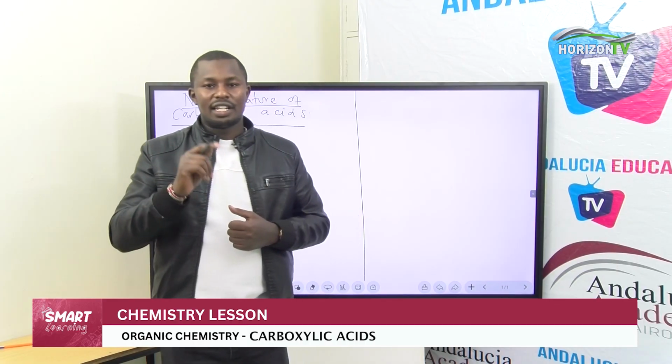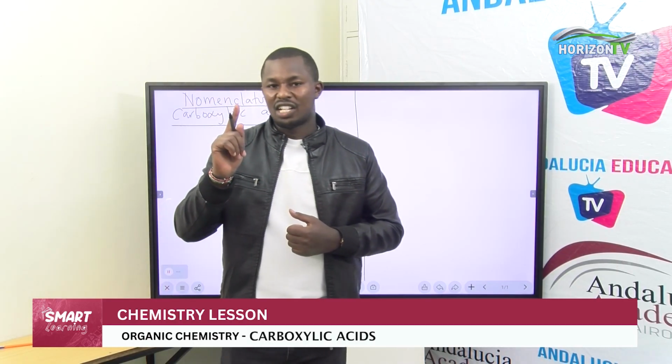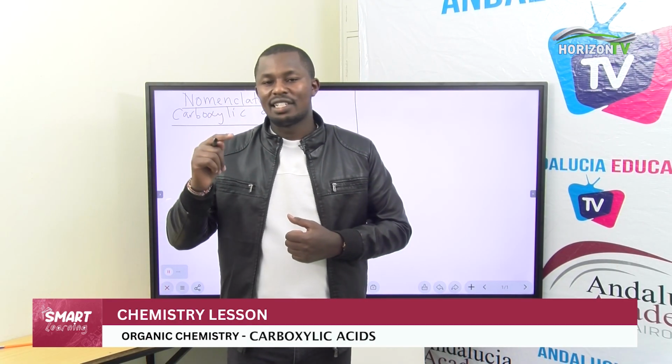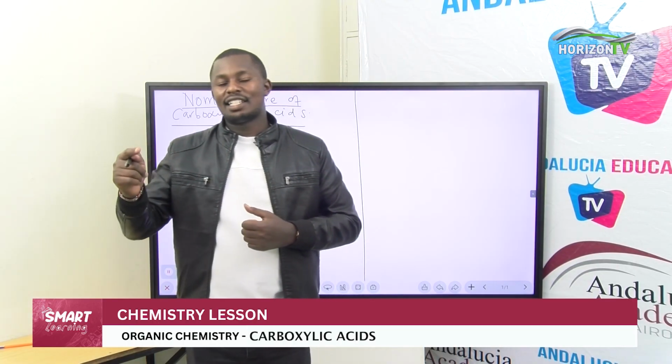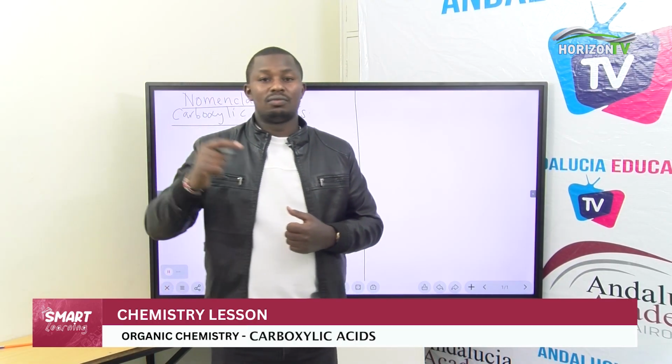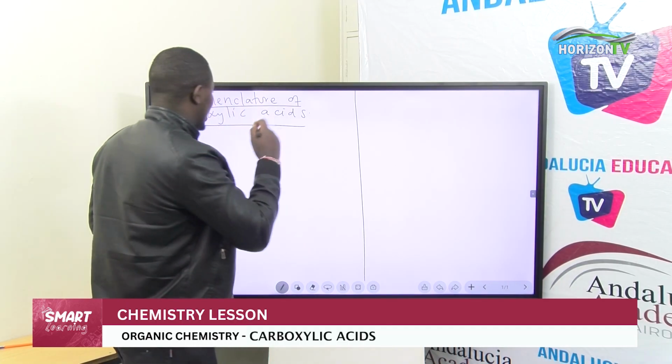Last time we said meth stands for 1 carbon atom. So methanoic acid means that this is a carboxylic acid that has only 1 carbon atom. I'll give examples of this.